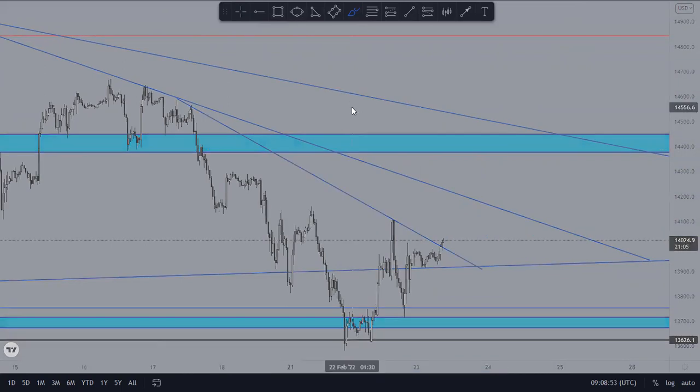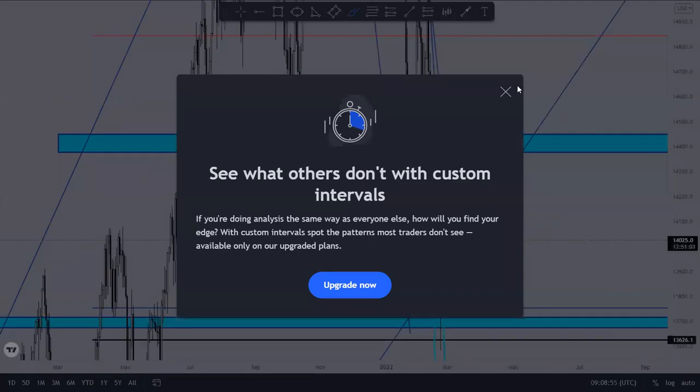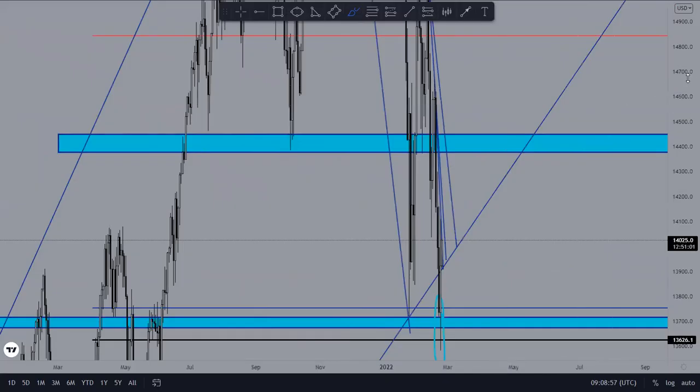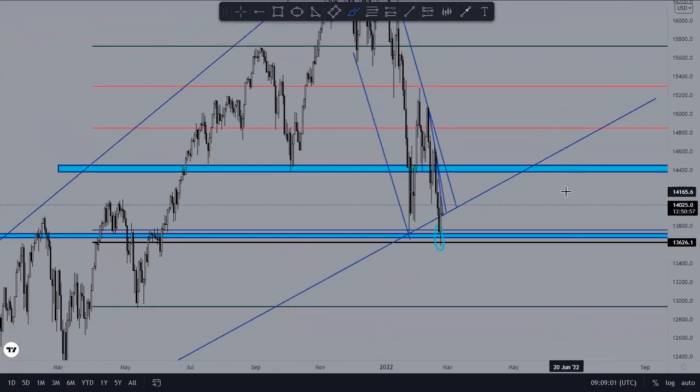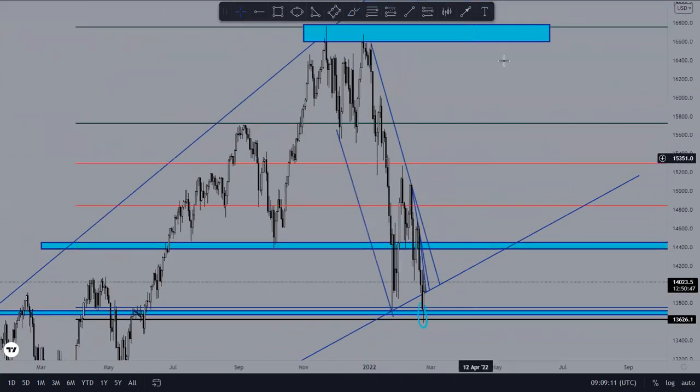Let me just go back to the daily so that you see the trend line that we are speaking of and the level of resistance. We're speaking about that top resistance that is at the top. That level of resistance is the one that I'm speaking about.